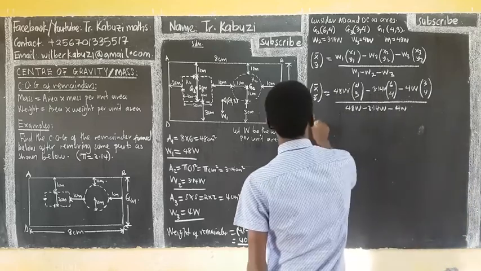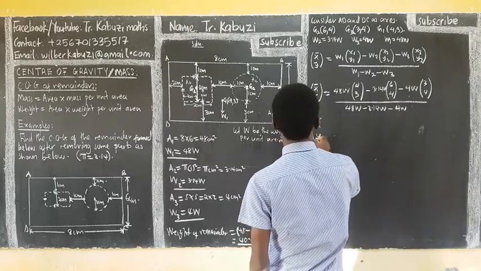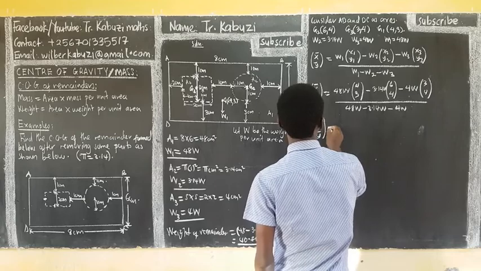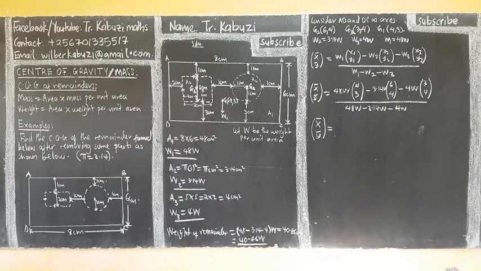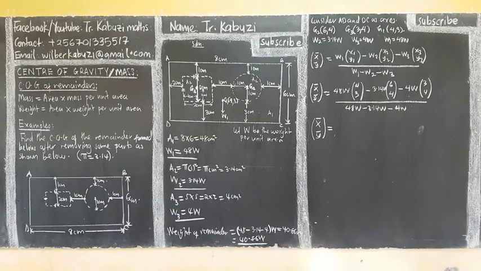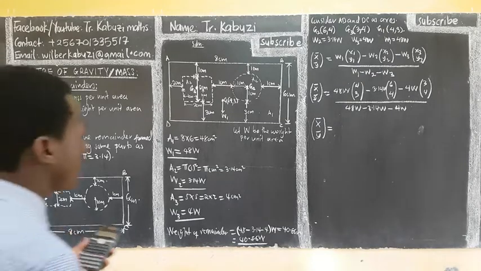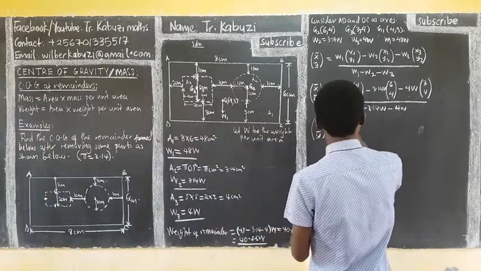And so from here, our X bar, Y bar is, then press the calculator. Okay, these are the answers I'm getting for the first part.